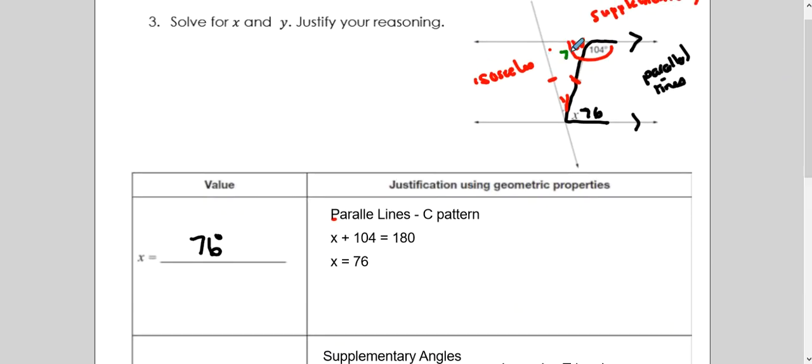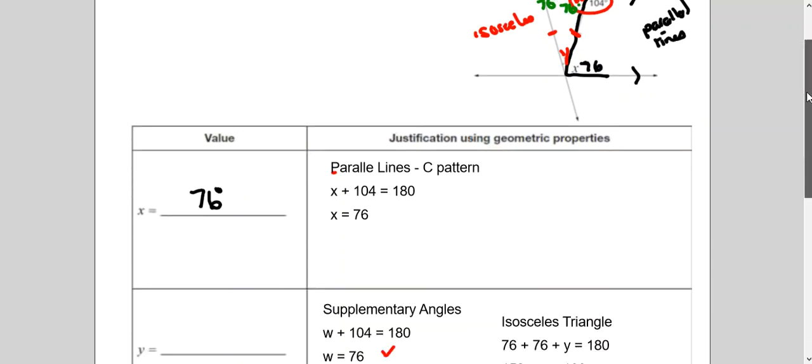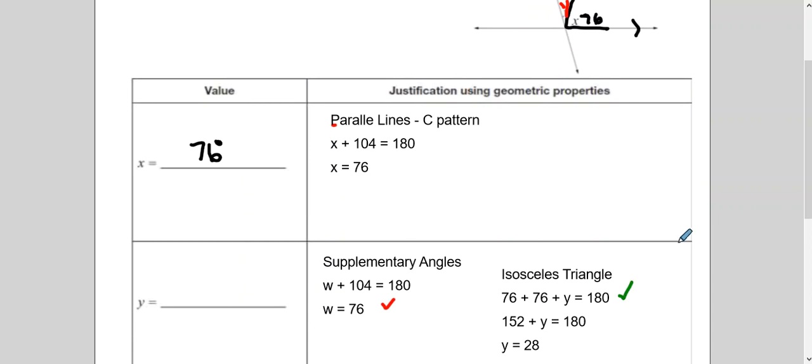Some people could have also said that was a Z pattern, because there's my Z as well. Perfectly no problem. But in an isosceles triangle, I have two equal angles. Then I can do 180 minus those two 76s. That's what I did there.